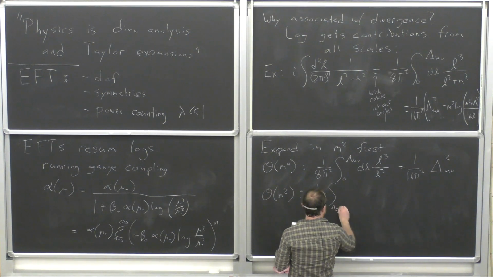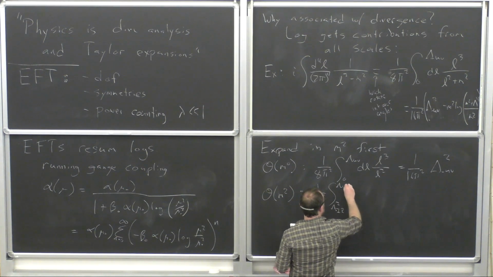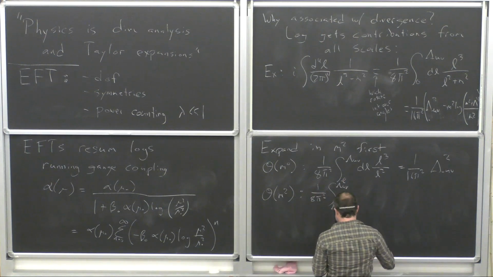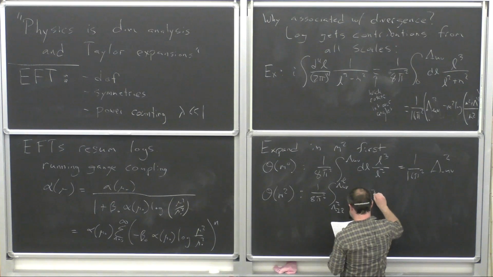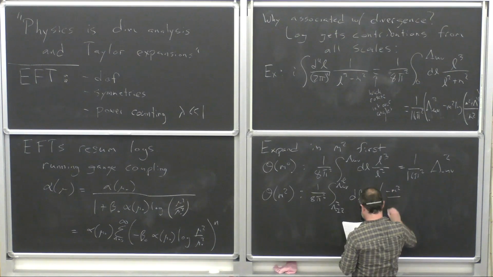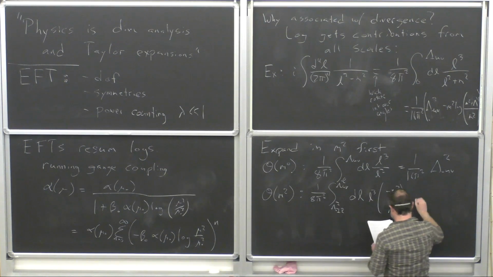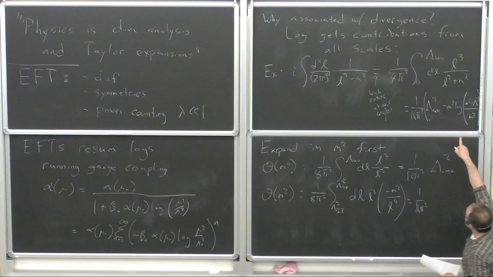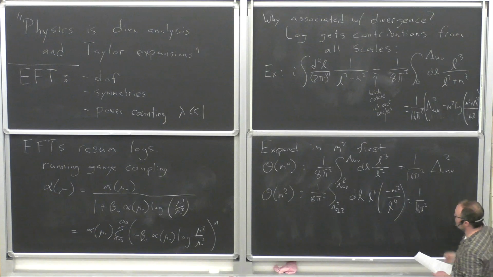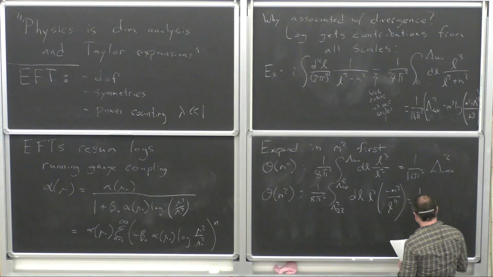Now I need an IR cutoff, an idea we'll revisit later. I'm just Taylor expanding the propagator there, so this is the leading order in M squared contribution.